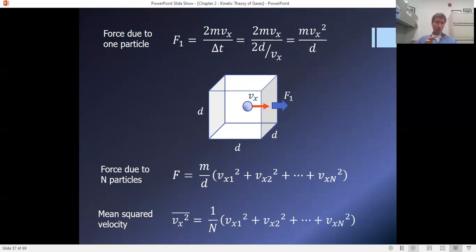So what I can do here is make another substitution. And this is very common when we're dealing with thermal physics. We're dealing with the large study of a statistically significant group of molecules. We're interested in the total effect. Again, what each particle is doing at any one time isn't important.